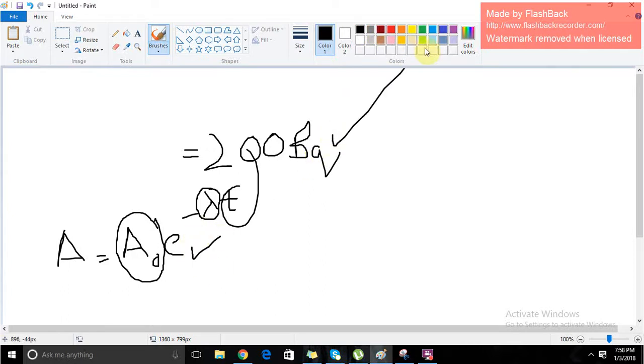But there is another way. After 1 second we might expect 800 nuclei to remain undecayed. Why is that?